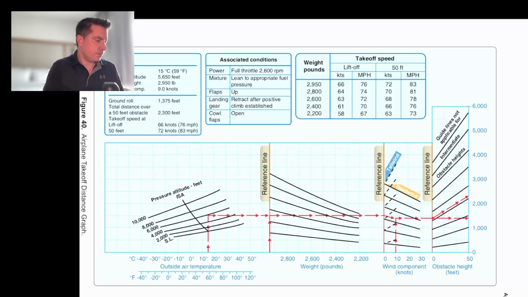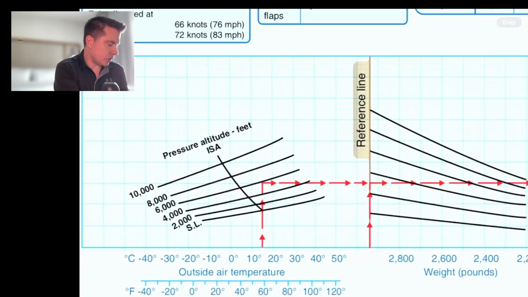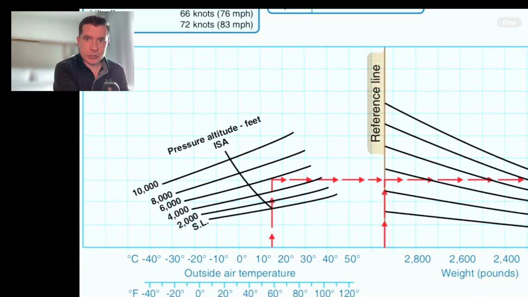All right, so as you can see, you're just going to start with your temperature. That should be given in your test question. The pressure altitude should also be given in your test question, so you shouldn't really have to figure that out.